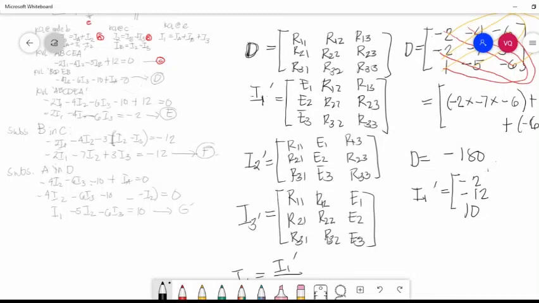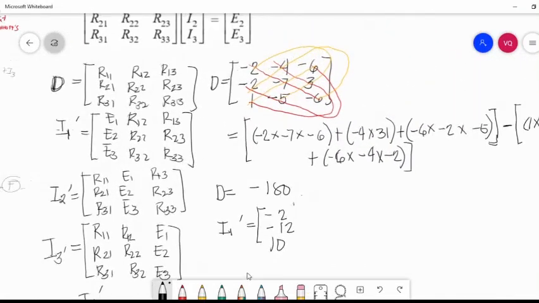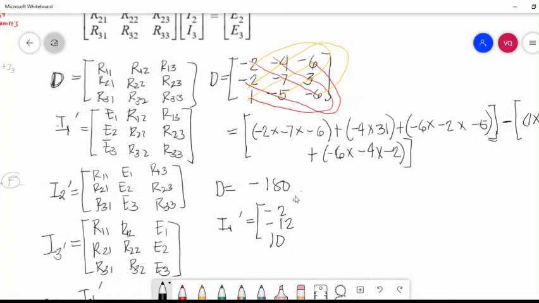Then, ikawin natin yung column 2 and 3. Negative 4, negative 7, and negative 5, negative 6, 3, and negative 6. So if we calculate this one in our calculator, you will end up getting negative 726. Try to solve this one.